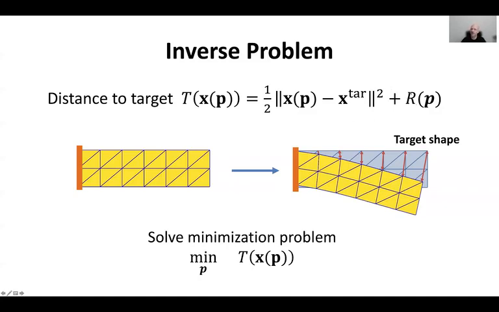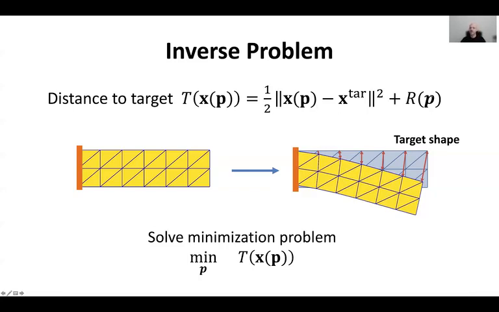What we also have here is a regularizer R that only depends on P and not on X directly. That we might need in order to prevent distortions, too large distortions in the mesh, or perhaps we also have a null space in this problem, meaning that several configurations or maybe a whole subspace of parameters will lead to equilibrium shapes that are equivalent from the point of view of this distance metric over here.